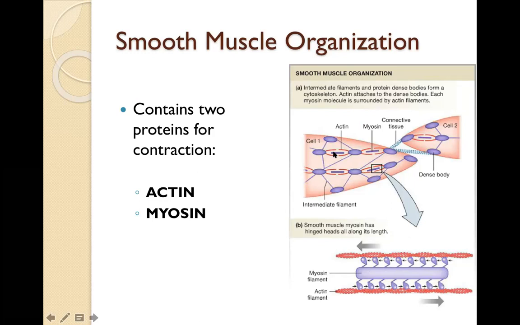Also, you can see the blue region in the center here. These are called myosin filaments. And what you'll notice is that there's these head regions that are kind of hinged, and they're connected to this red filament. And this red filament is quite a bit thinner than the myosin filament. And these thinner filaments are referred to as actin.